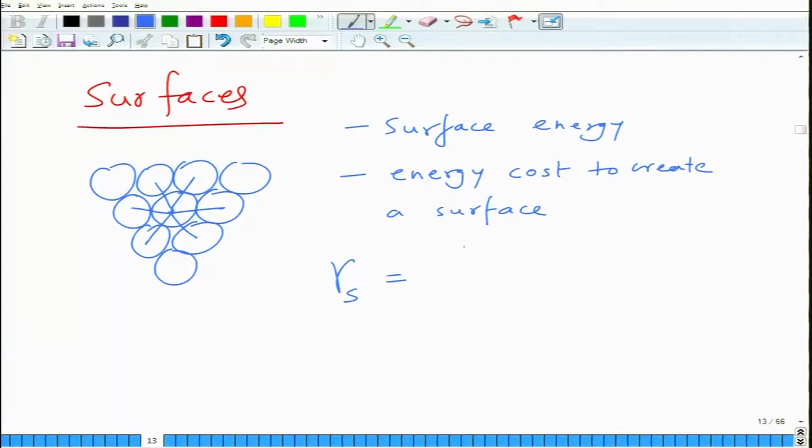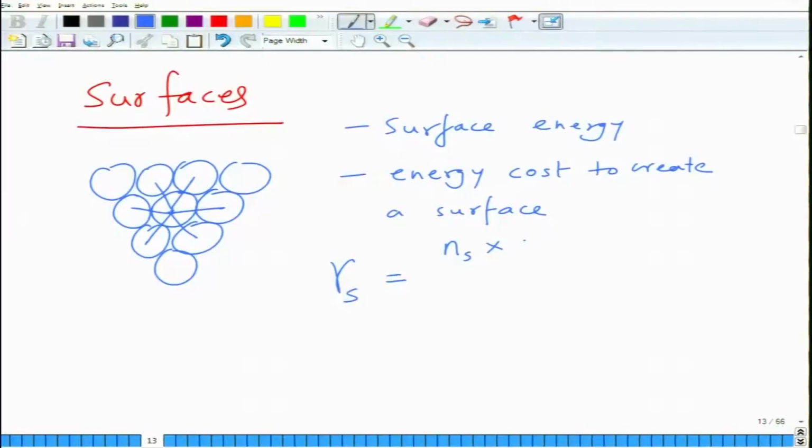Basically it is related to the number of atoms on the surface per unit area, multiplied by how many bonds each atom is making, so Nb per atom, multiplied by the energy of that bond, gamma b, or Eb, the energy of the bond.